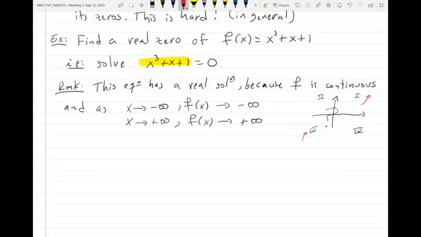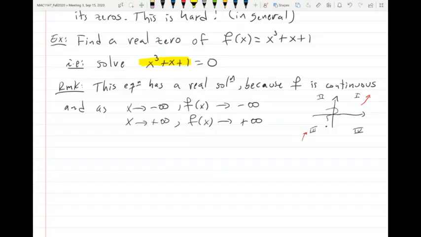Because if you start in quadrant 3 and you finish in quadrant 1, you have to go through the x-axis, since you cannot lift your pencil. Does everybody understand this? Because the function begins negative and finishes positive, so it has to become 0 at some point.